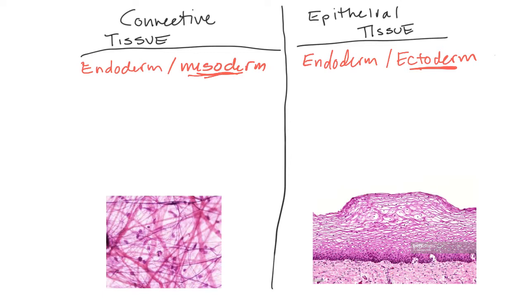All right, I have a little picture there depicting this is areolar connective tissue, loose connective tissue, and stratified squamous epithelium. And you can see some stark differences. So first off, the cells here, these are the little cells, okay, are much more spaced out in connective tissue.